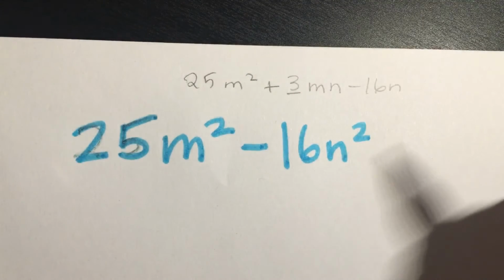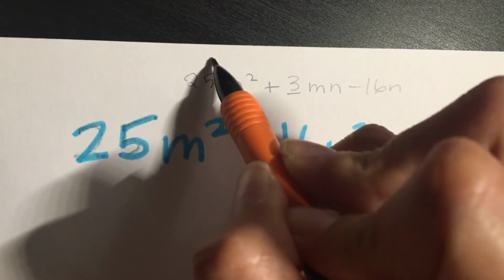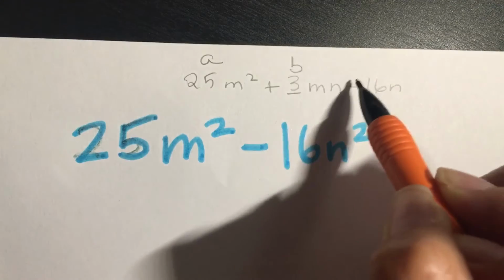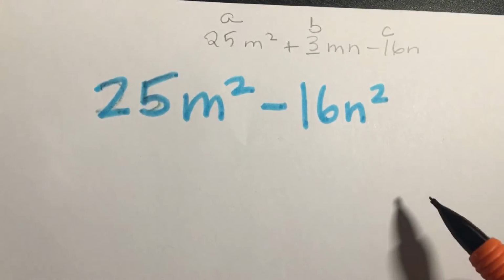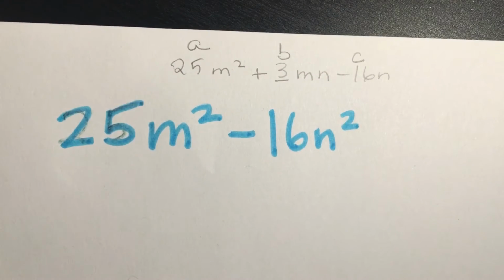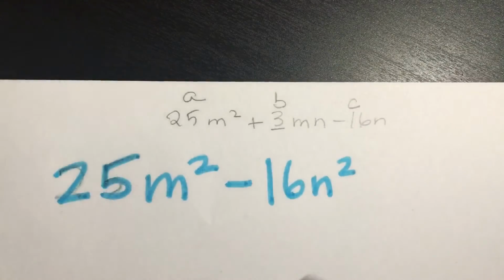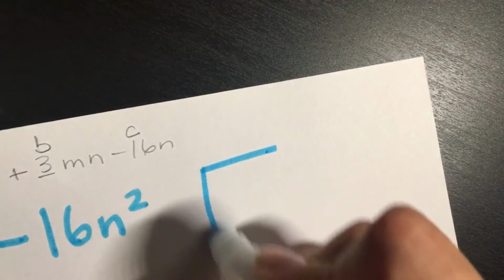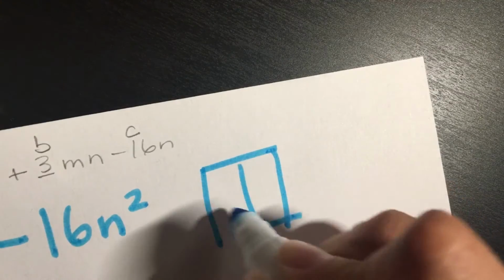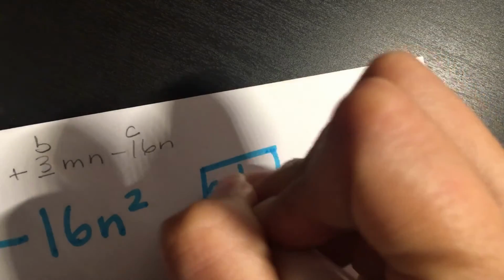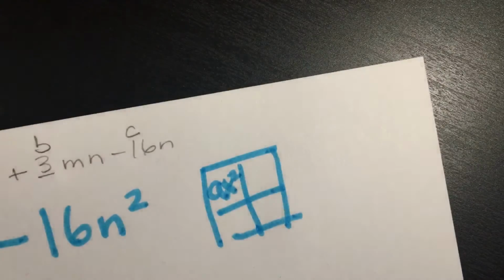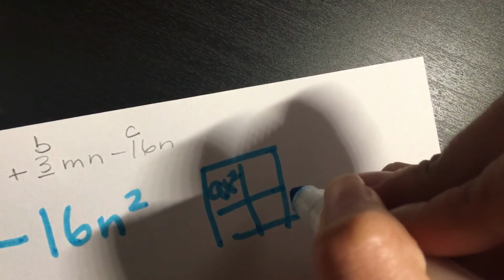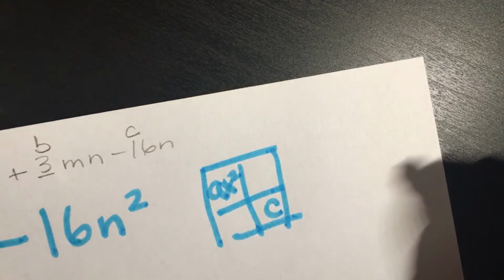Okay, the reason I'm showing you this is because if you remember, we always have the a, the b, and the c term. And when we used to do the box method, we put the ax squared there, and we put the c, and then we multiplied the a times the c, right?